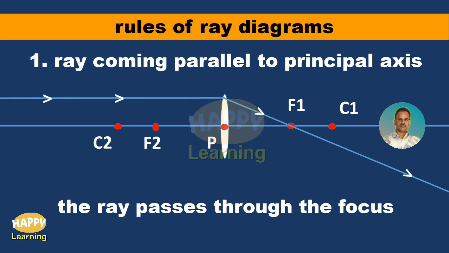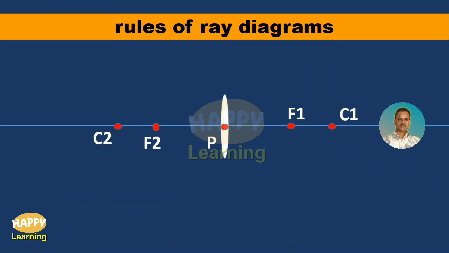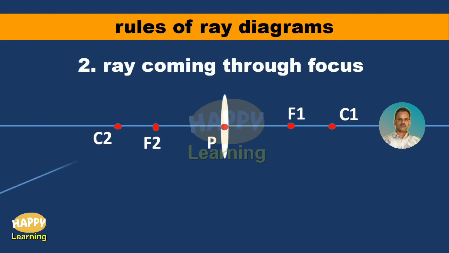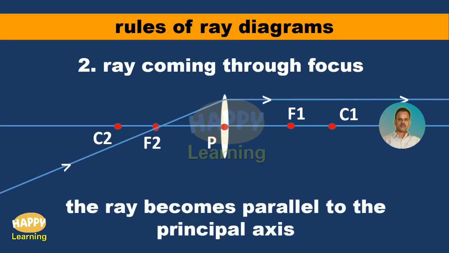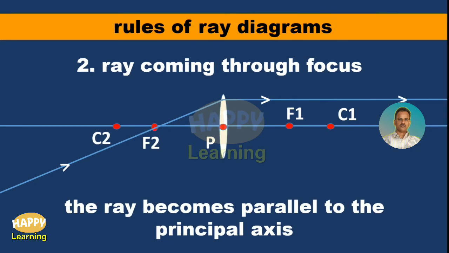Then second rule: ray coming through focus. If the incident ray is coming through focus, then after passing through the lens, it becomes parallel to the principal axis.